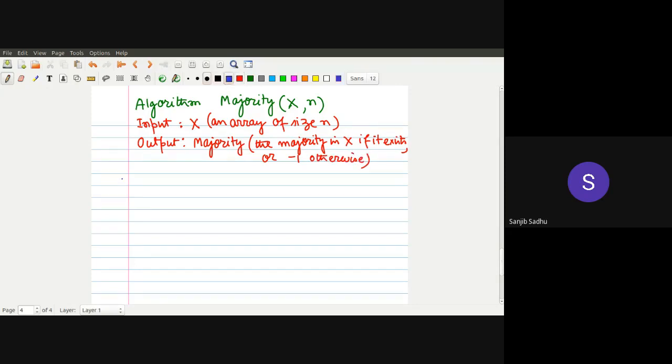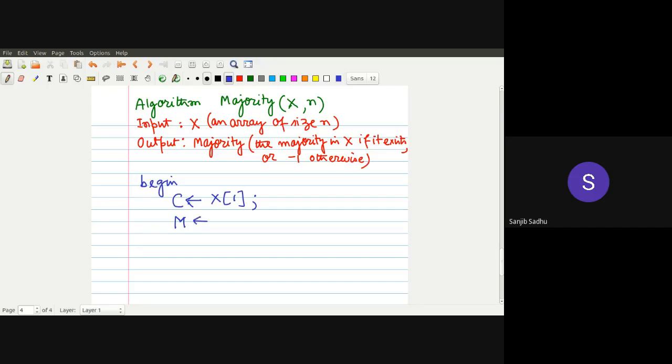Now, start. I am taking the first element as C. I am assigning this, so C is x1, the first element, and multiplicity means how many times the first element is occurring? One time.